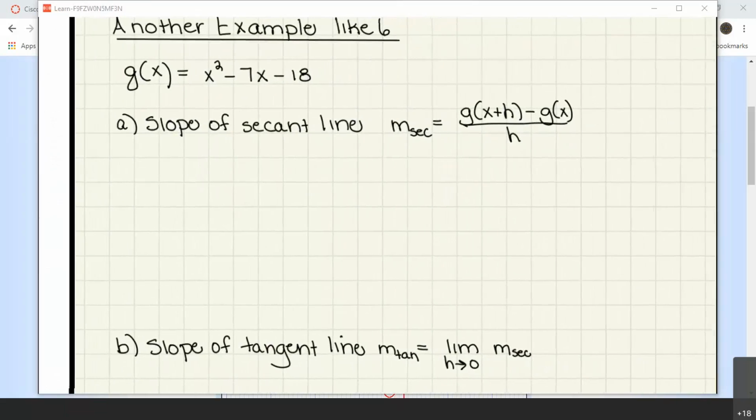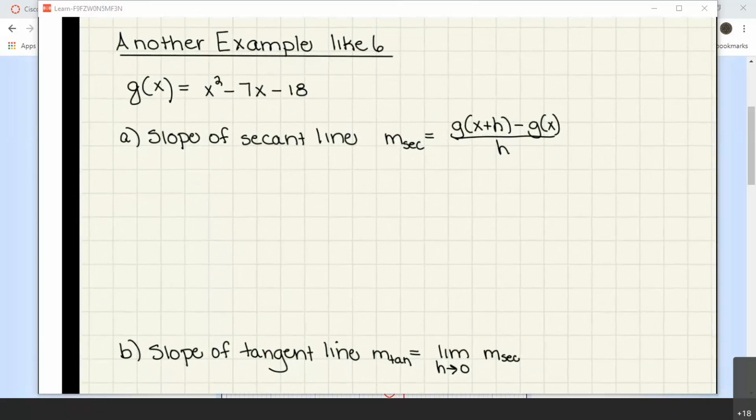So I have another example like 6 with a quadratic function. Here's my slope of my secant line. g of x is my function. The first thing I'm going to do is find g of x plus h. Everywhere I see my x, I'm going to plug in x plus h.